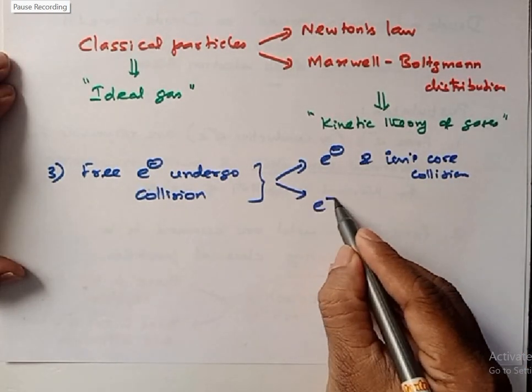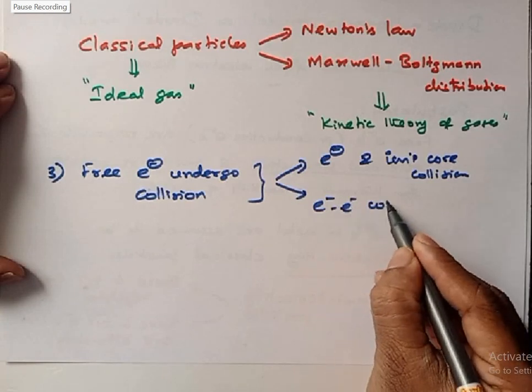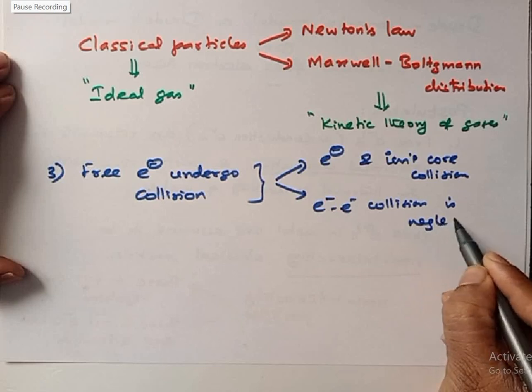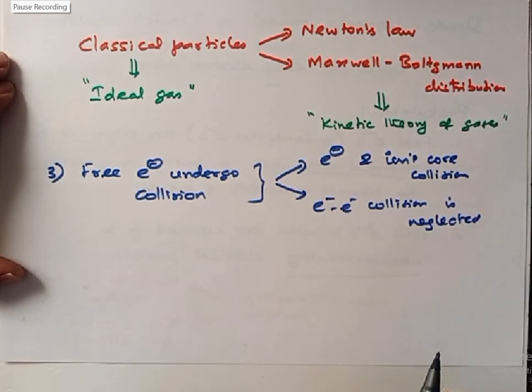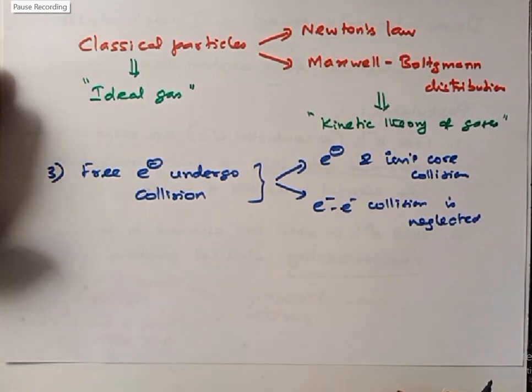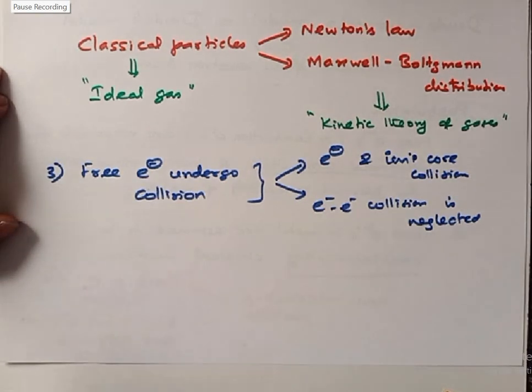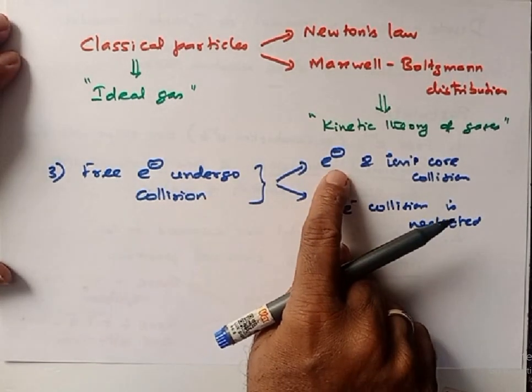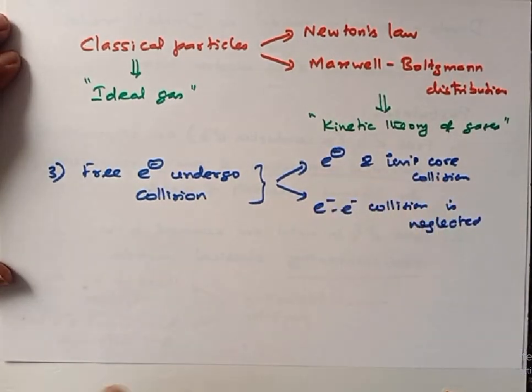Electron-electron collision is neglected. Why? Because the electrons are very, very small. So electron-electron collision is neglected in the Drude model.